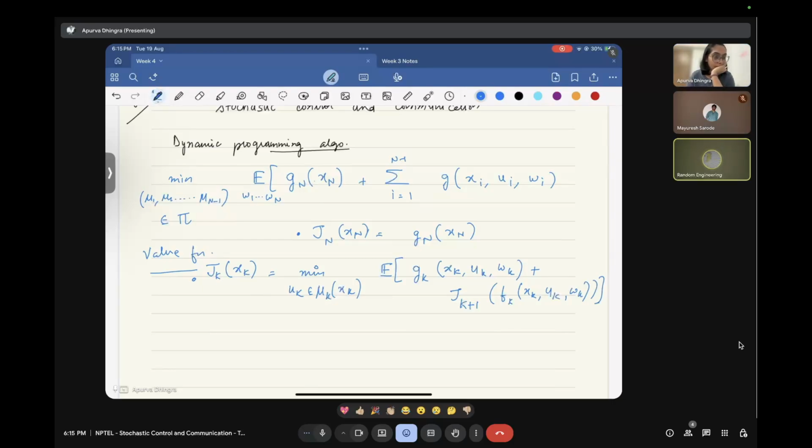Yeah, so I had a thought experiment: what if, instead of optimizing this function g_N plus the summation of stage-wise costs for i going from 0 to N minus 1, we optimize state-wise? For example, at the ith point, whatever g was there should be optimized, and whatever policy I consider inside this, I then try to apply the principle of optimality.